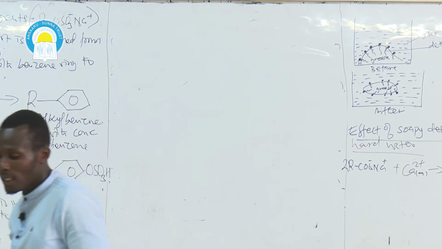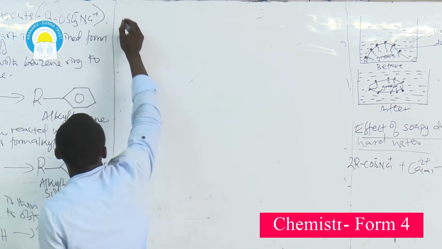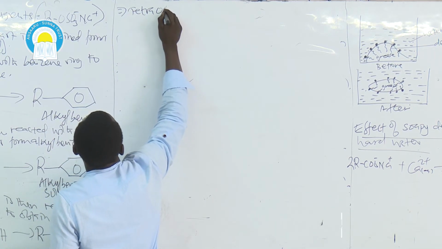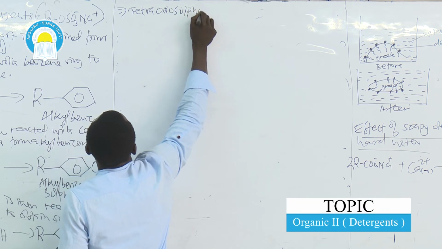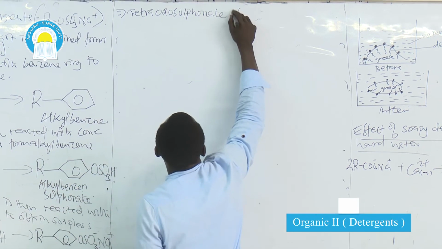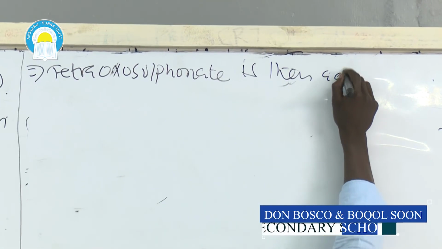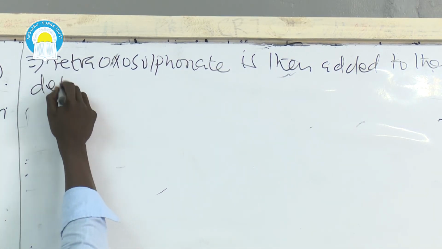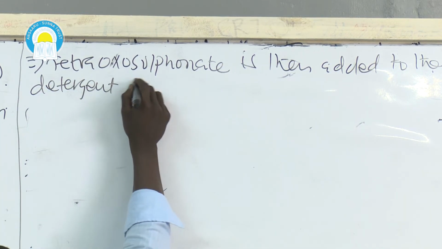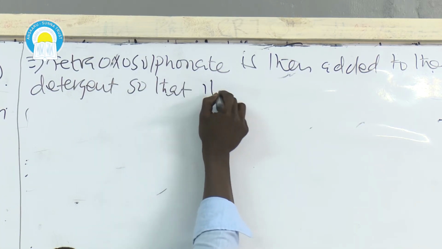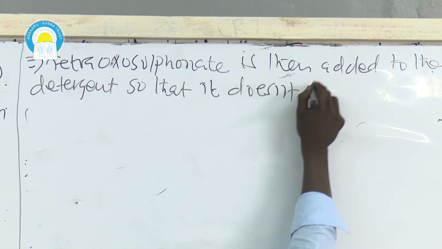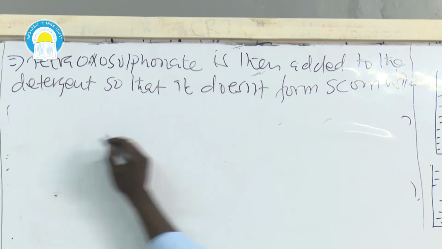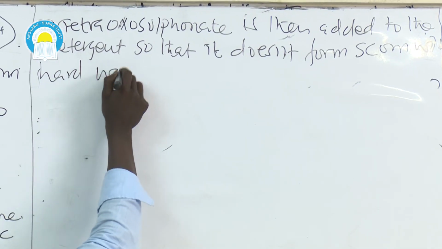So we say that tetraoxosulfonate is then added to the detergent, so that it doesn't form scum with hard water.